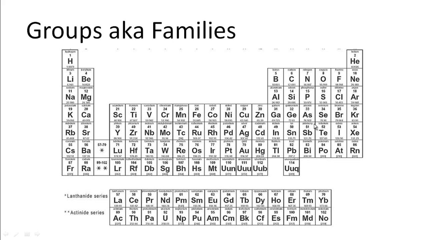Again, because the elements in a family have the same valence electrons, except for transition, they react very similar in certain situations. For example, the elements in group 18, the noble gases, are odorless gases that do not generally combine with other elements because they have 8 valence electrons and are stable. They are not looking to lose or gain electrons.